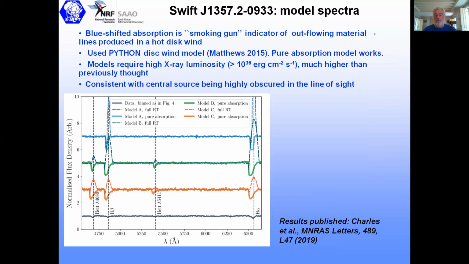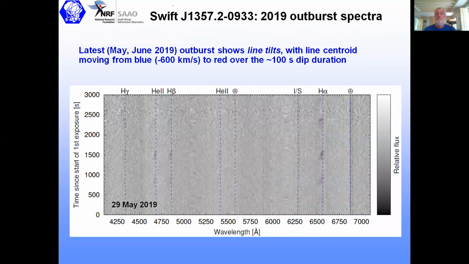And one of our co-authors, Jamie Matthews, used a code to model the absorption in a disk wind and discovered that you can actually mimic the optically thick absorption by requiring a high X-ray luminosity, much higher than previously thought. These were published in 2019 by Charles et al., showing these data and the models.